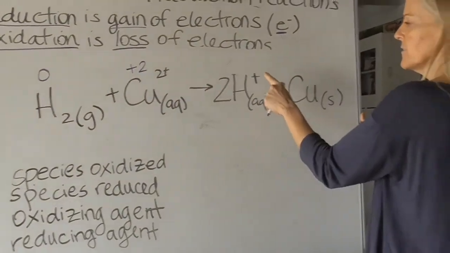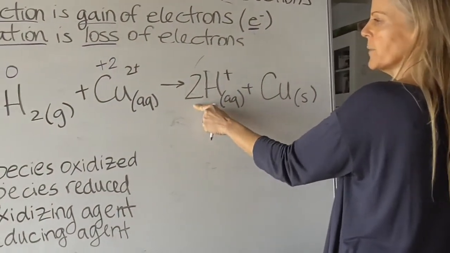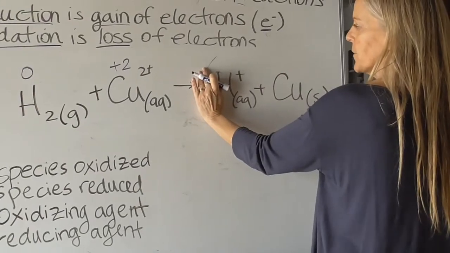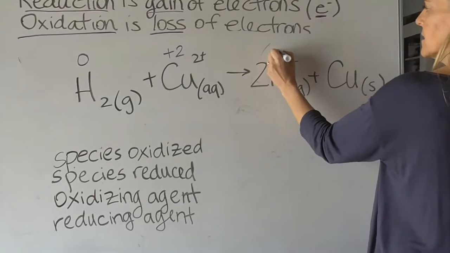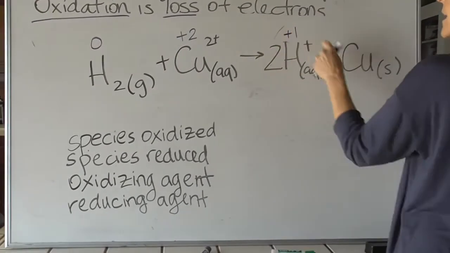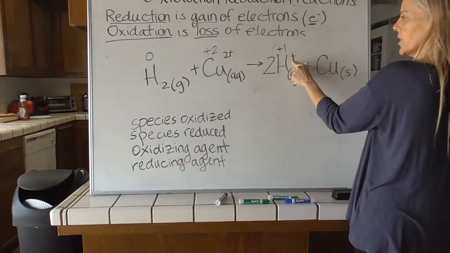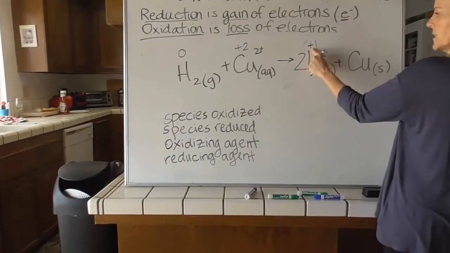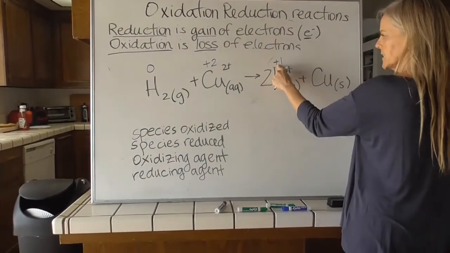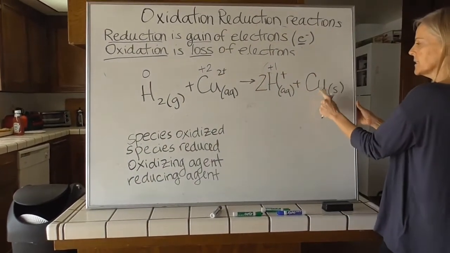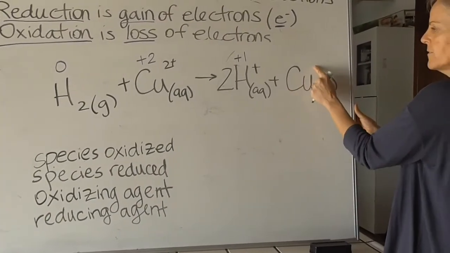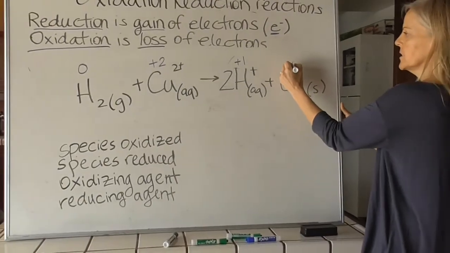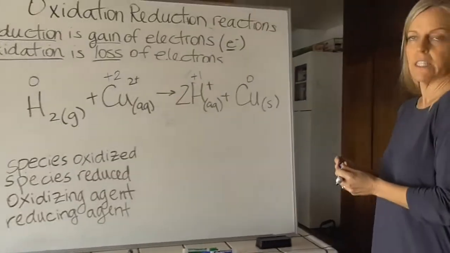So for this one, there's 2 of them, but ignore the fact that there's 2. That hydrogen ion has that +1 charge, so it gets the +1 oxidation number. And then this last one, it's an element by itself, no charge, 0 oxidation number.